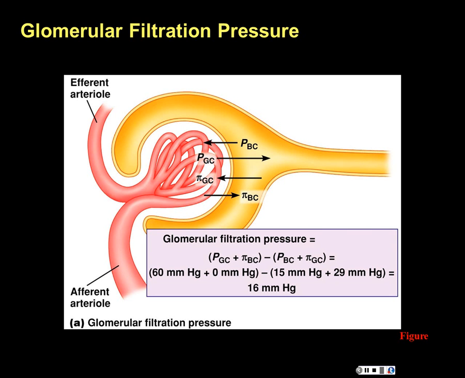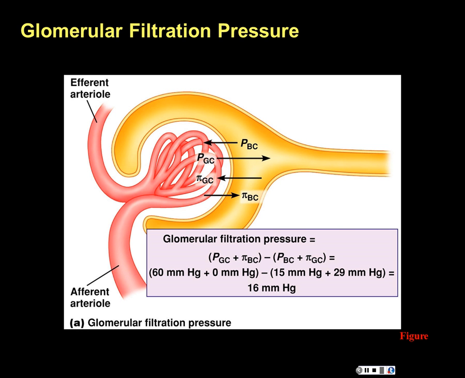There are many factors which influence the filtration rate and the net filtration pressure. Your textbook actually quantitates many of these factors, and I can hopefully oversimplify it for you. We learned that the afferent arteriole has a large diameter. The efferent arteriole has a smaller diameter.